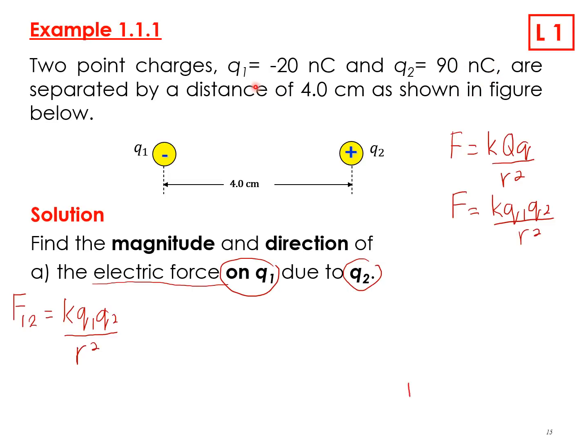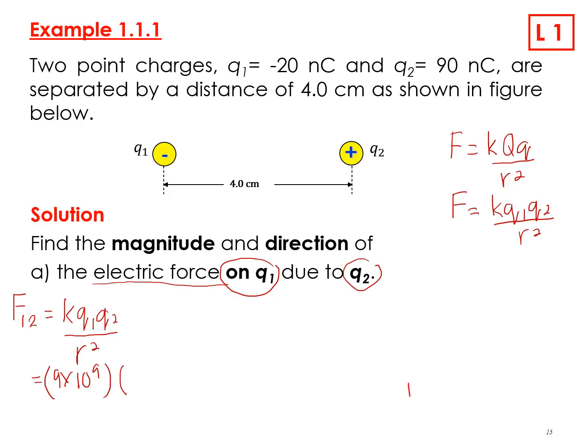You substitute Q1 and Q2 without the sign. The sign represents the property of the charge, not the direction. Clear?